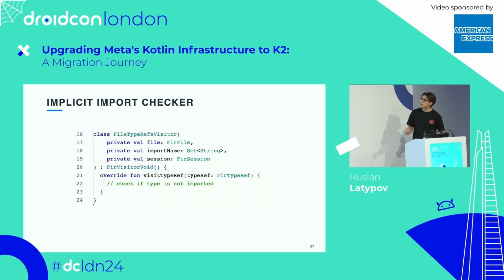File type ref visitor is an implementation of FIR visitor where we override the visit type ref function and can handle type refs. In our case, we are checking that the types are part of the import block.